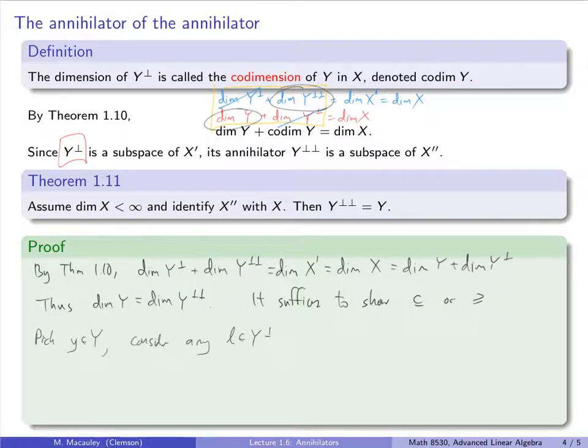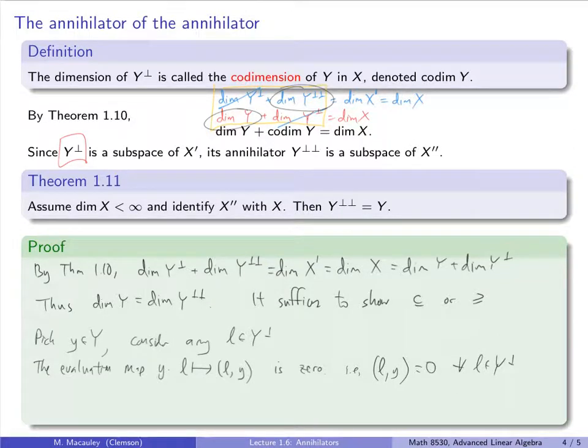And that evaluation map is going to annihilate or kill this L. So the evaluation map at y that sends L to L of y is 0, i.e., L of y is the 0 map. So L of y equals 0 for all L in Y perp, by definition.